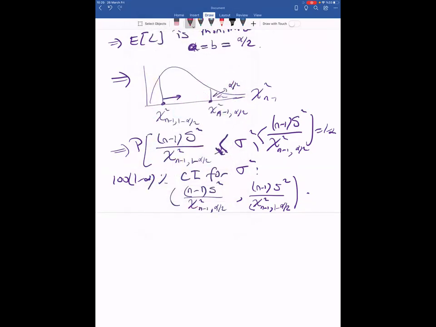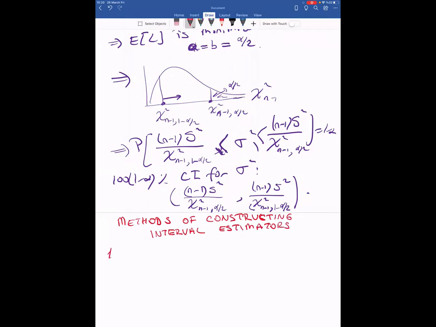Okay, so the methods of constructing interval estimators.